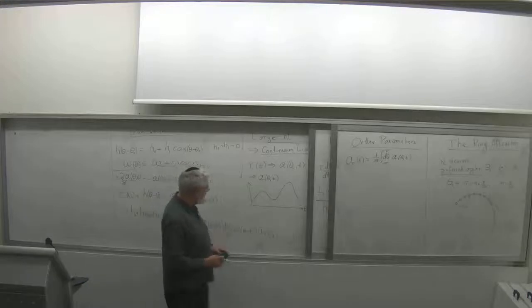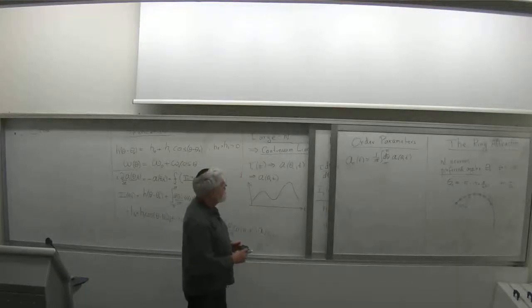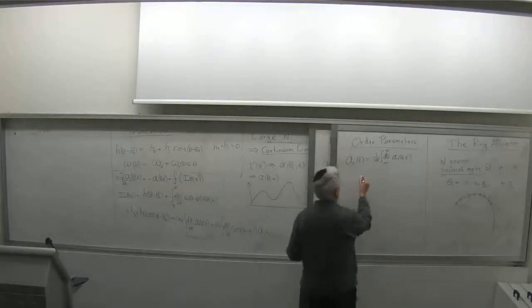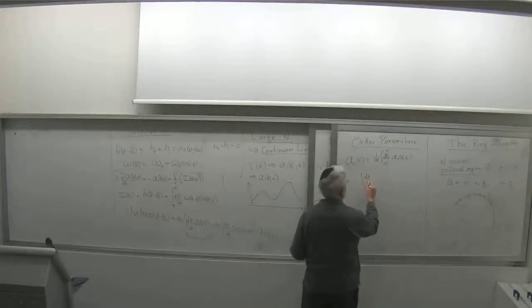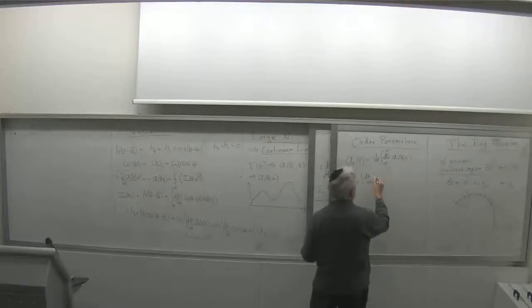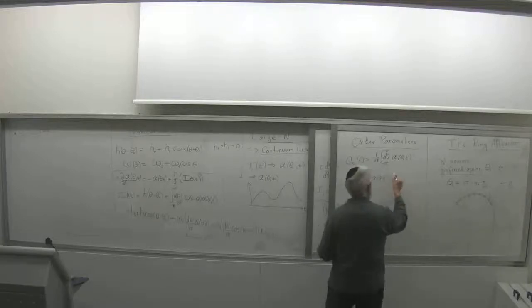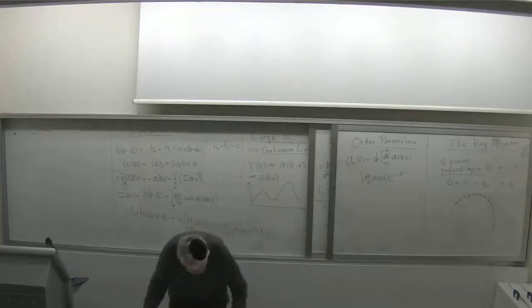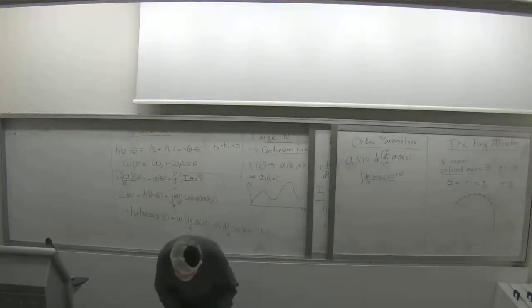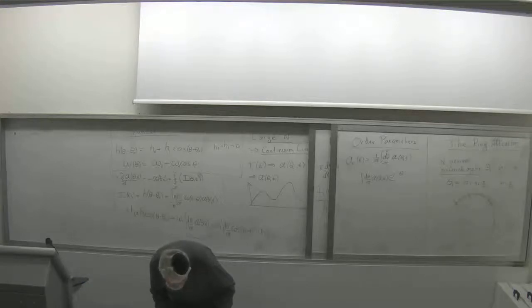Here I'm going to introduce the following integral: d theta over 2 pi of a of theta and t times e to the minus I theta.